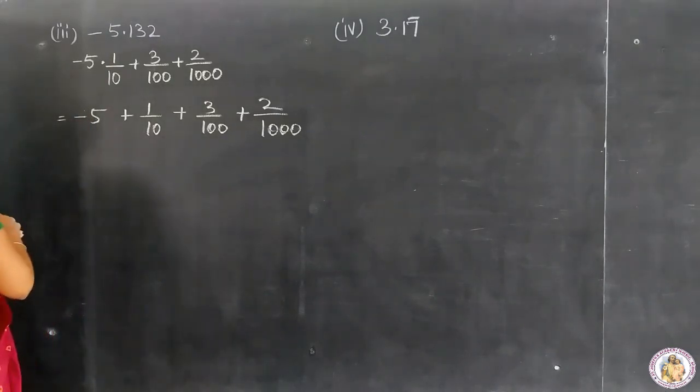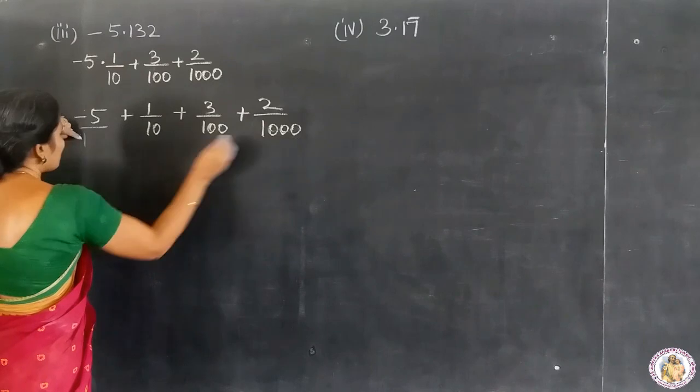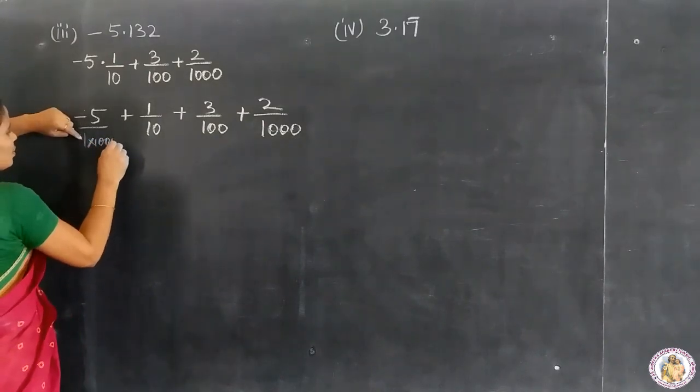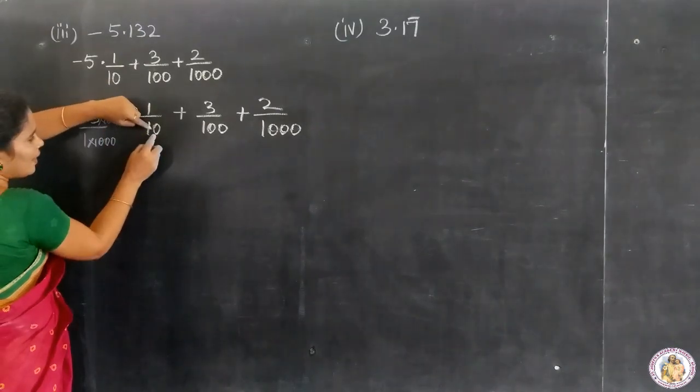Here 5 is the whole number, so convert it. To make the denominators equal, 5 into 1000, both numerator and denominator. And here we have 10.